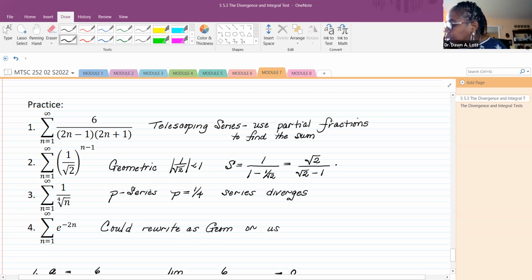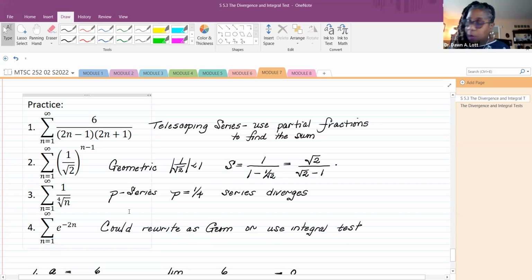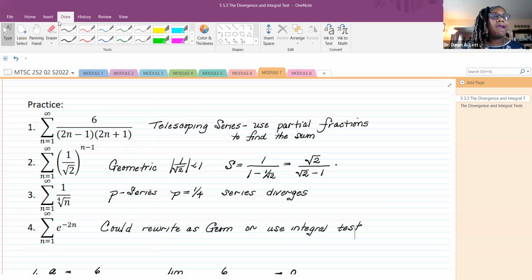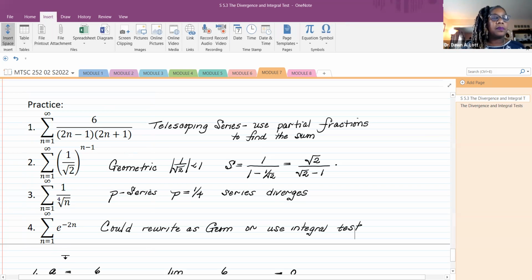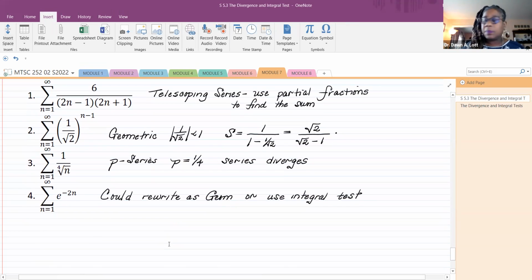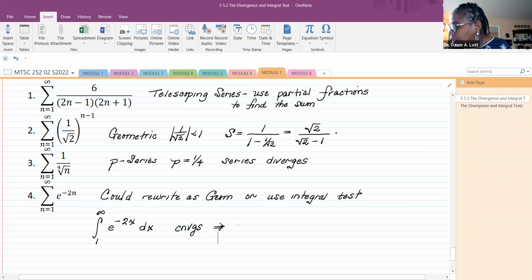Or use the integral test, and that would be the integral from 1 to infinity of e to the negative 2x dx. And that converges. So that implies the series converges as well.